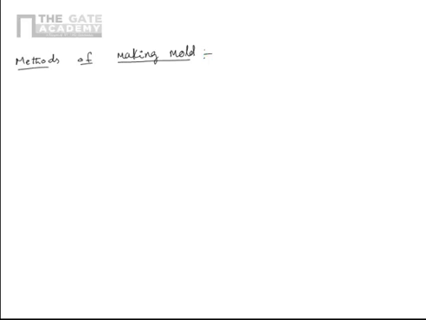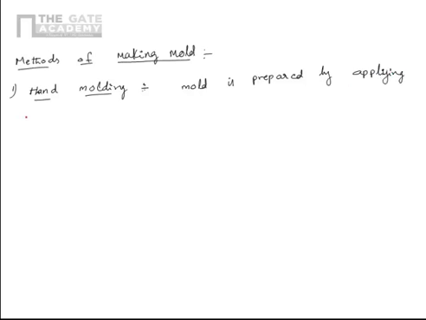First one is hand molding. Hand molding is when the mold is prepared by using ramming force with the hand. Ramming force here is an external force.